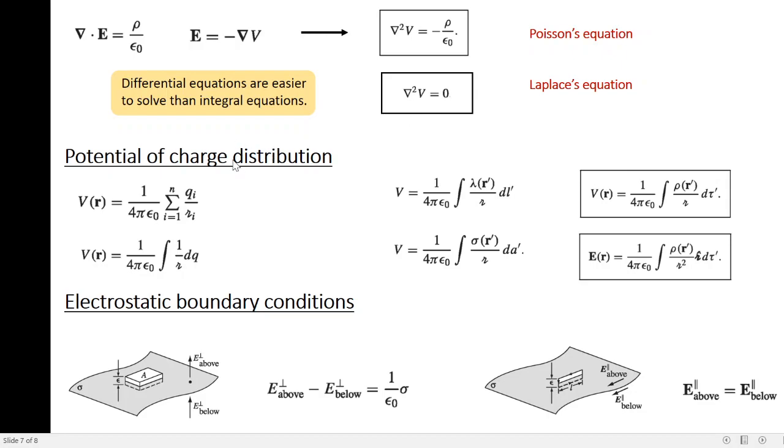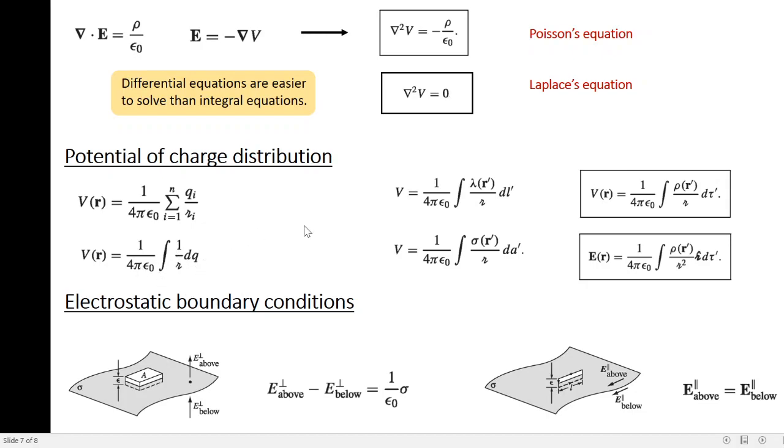Now, for a single charge, you can write the potential as V of r equal to 1 over 4 pi epsilon naught q by r. Or for a collection of point charges, you can write it as a summation. Or in the most realistic cases, you have a continuous distribution of charges. So just like the electric field, you can represent the potential also as an integral 1 over 4 pi epsilon naught integral dq by r.